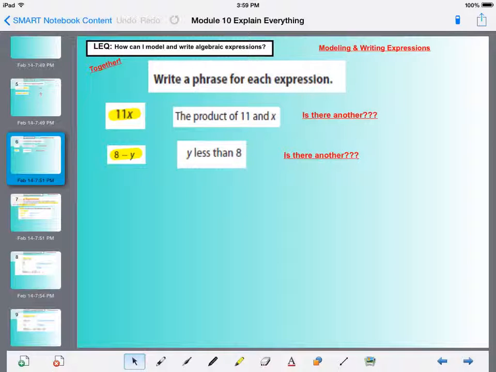And another phrase, y less than 8, and we talked about the importance of this where in subtraction order does matter. So if we're taking y less than 8, that means that we're taking y from 8, and 8 would have to come first. So when we see those phrases, especially with subtraction and division, we have to be very careful because order does matter.